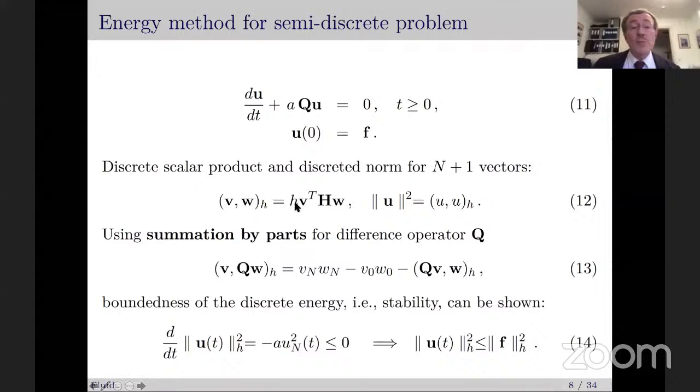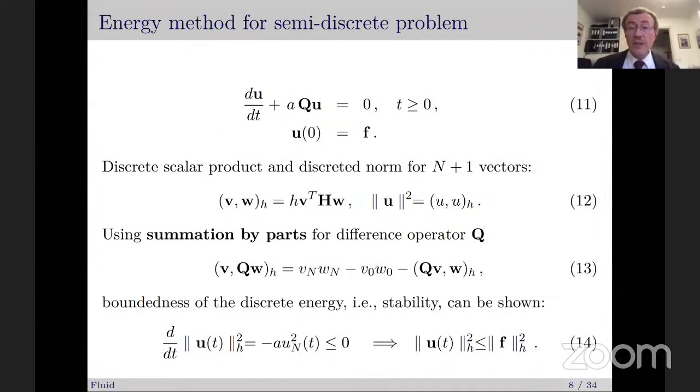So we have the grid spacing h times v transpose times a diagonal matrix H, which is convenient if we sometimes need this matrix to commute, times w. And then the discrete norm squared is the scalar product applied to itself.